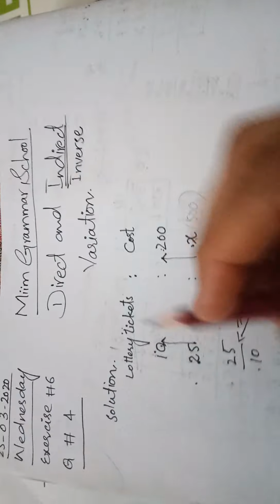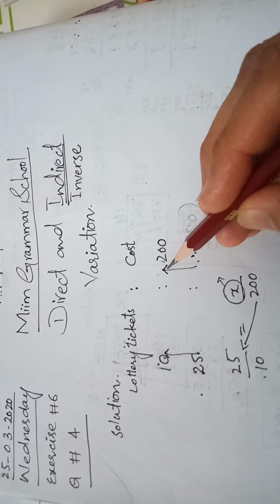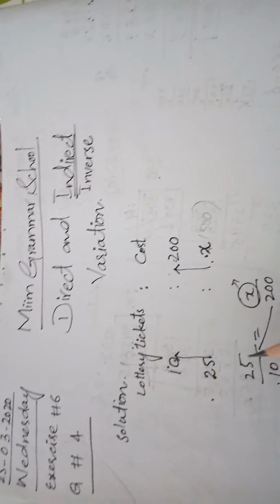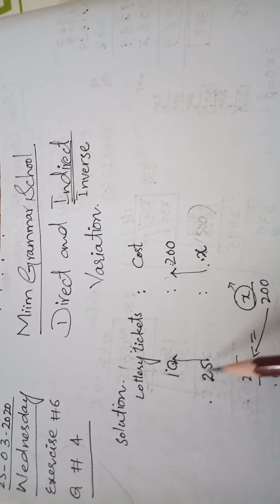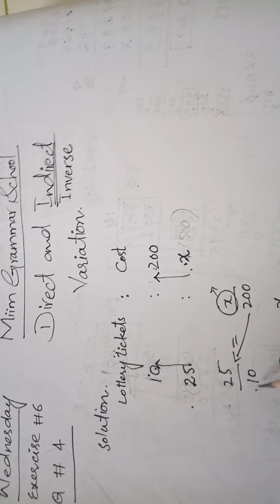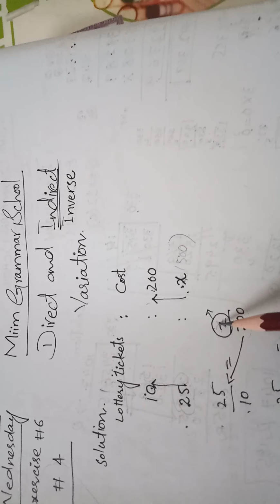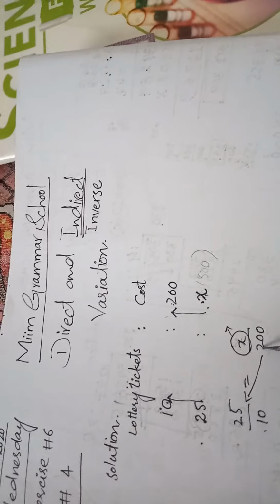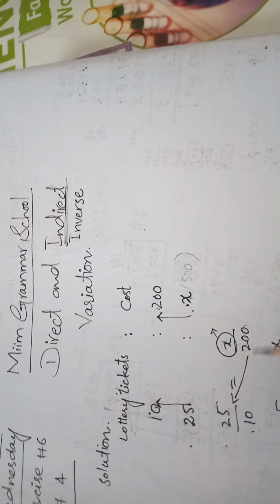Clear? So you have to make a sign like this for your memorization. You will write it over here: 25 as numerator divided by 10 is equal to x, the amount for 25 tickets that is to be found, over 200, the amount of 10 tickets.